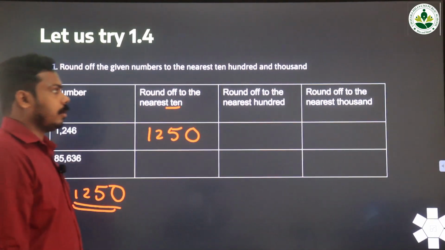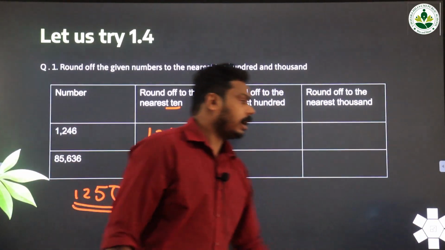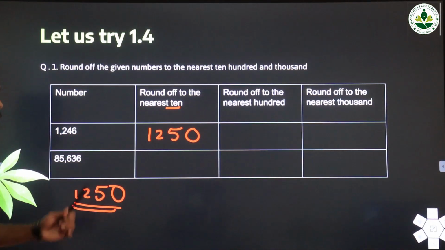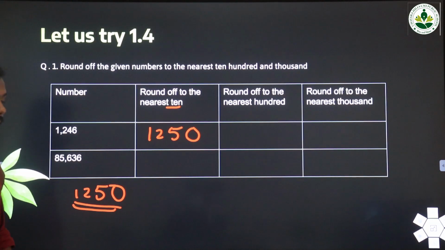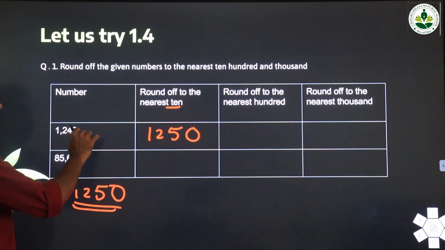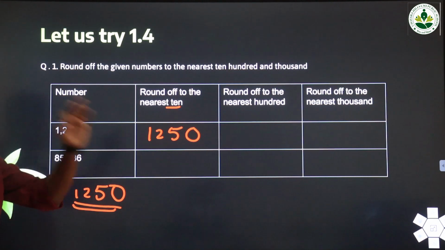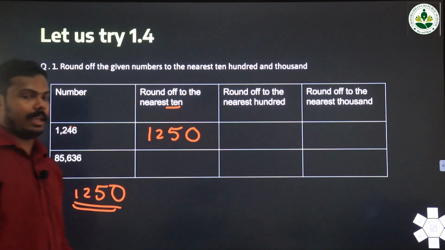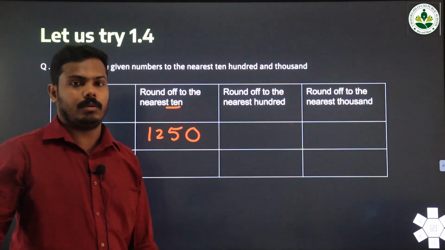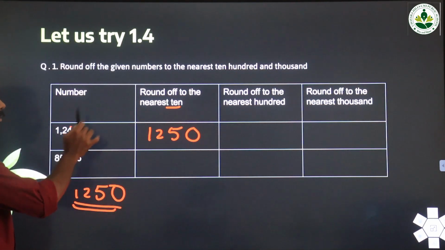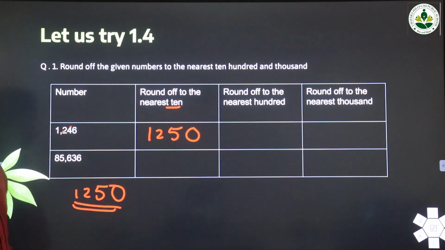And next, we need to round off this number to the nearest 100. For rounding a number to the nearest 100, look at the digit in the tens place. Here it is 4. If the digit in the tens place is 0, 1, 2, 3 or 4, do not change the digit in the given place, that is the 100 place.